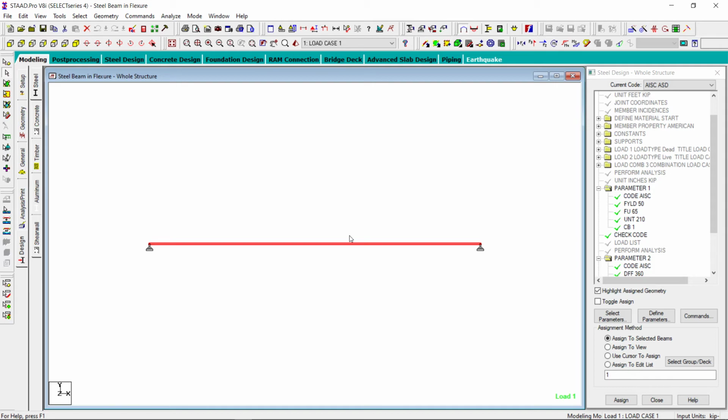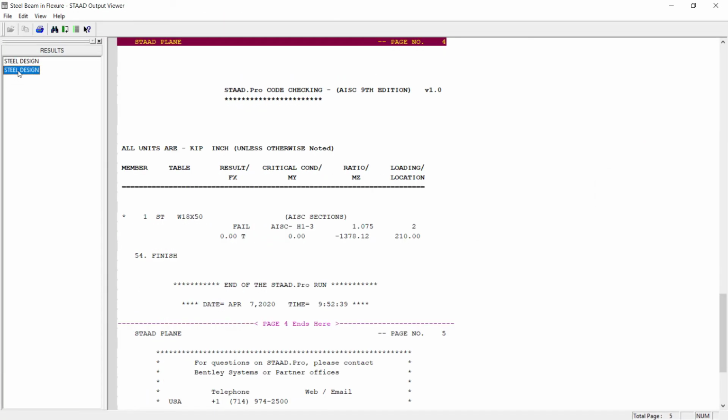Don't leave CB at the default, which is 1, and the result will be a beam failing. And to meet this requirement, you will increase the size. So unnecessarily, you are going to put a heavier beam than required. Let's see the result. So here is 1.07.